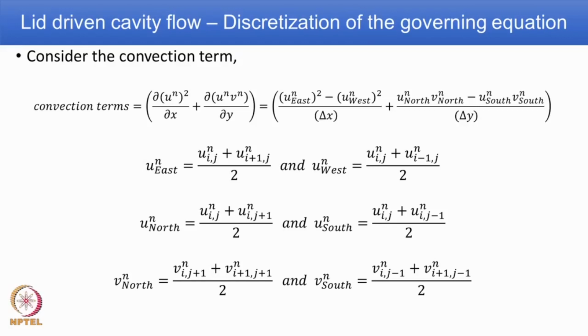Now, we are following a staggered grid arrangement in the finite difference procedure. So, we have north, east, west, south terminology coming into the picture. The first term in the discretized form is shown here: u east n squared minus u west n squared by delta x, plus for the second term the discretized form, u north at nth level, v north at nth level minus u south at nth level and v south at nth level, by delta y.